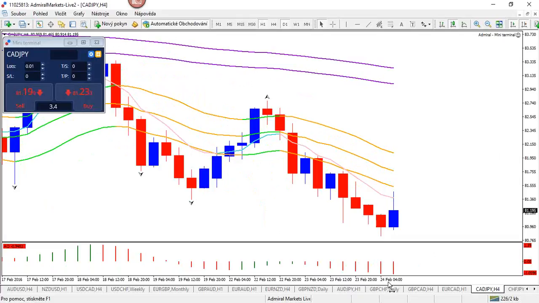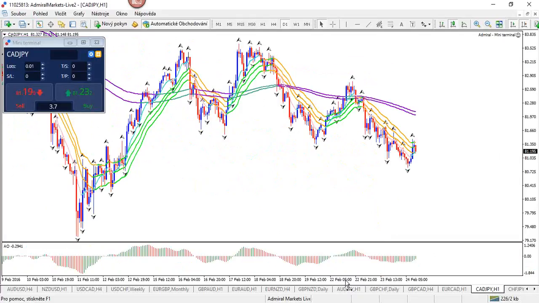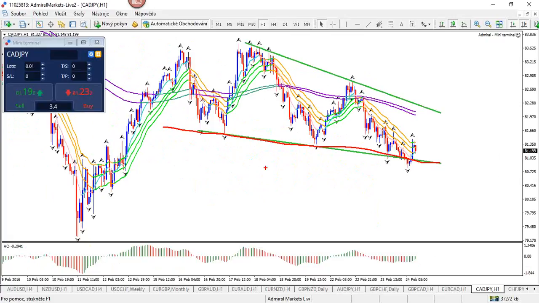We got a couple of candles below the 21 EMA. It's moving a bit choppily to the downside. Got support level right in here.